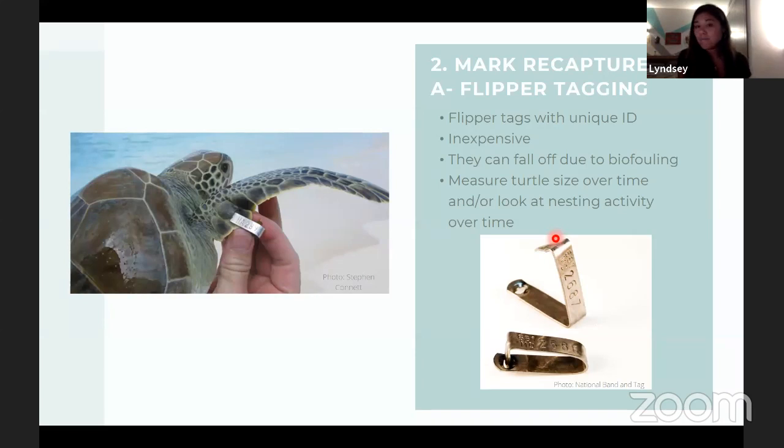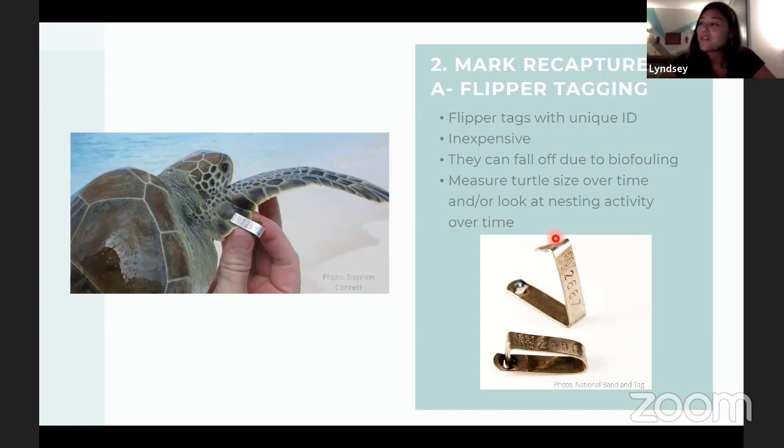It takes a lot of effort, but if you did this every night, then you can go back the following year and see if you have returning females. And if you have information on the size of the turtles and how many eggs she laid, then you can keep really good records on how the carapace grows over time, as well as how many times she's nesting per season and per year.